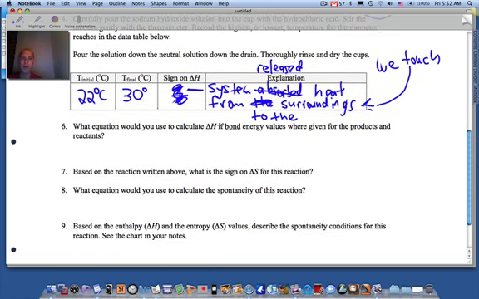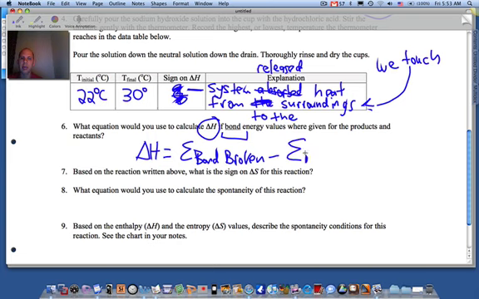All right, what equation would we use for delta H if the word bond was involved? We'd use our trusty delta H equals the sum of the bond broken energy minus the sum of the bond formed energy.